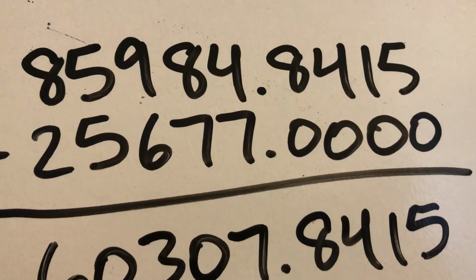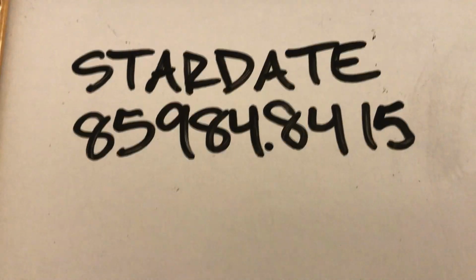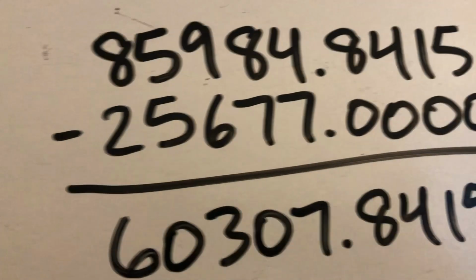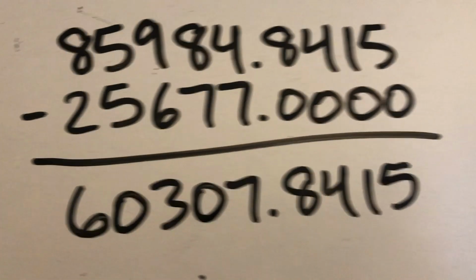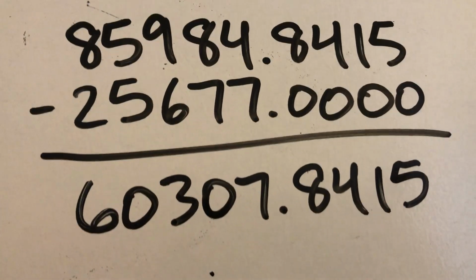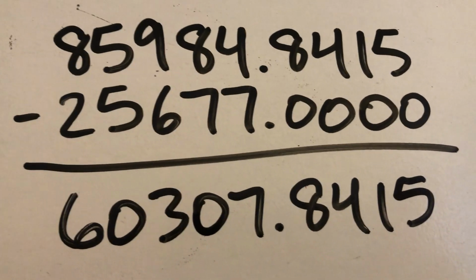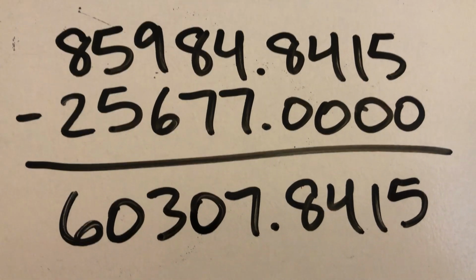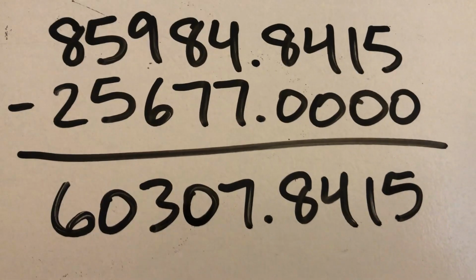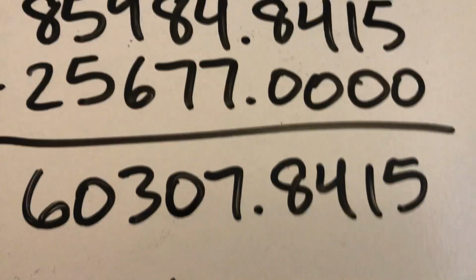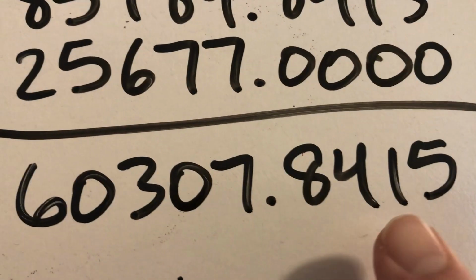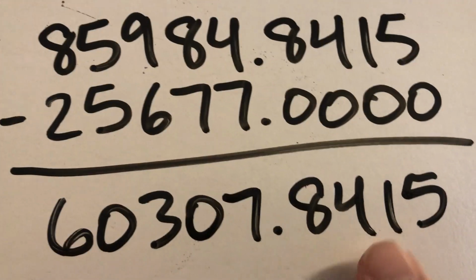You just take that number here, the number of years that have passed, minus Stardate 0, 25677 BCE, and that gives us the year 60307 CE.